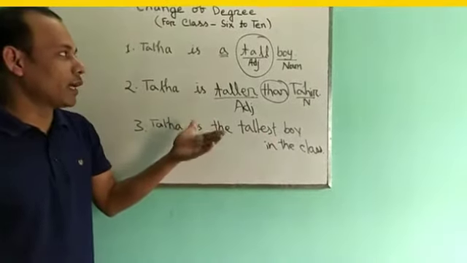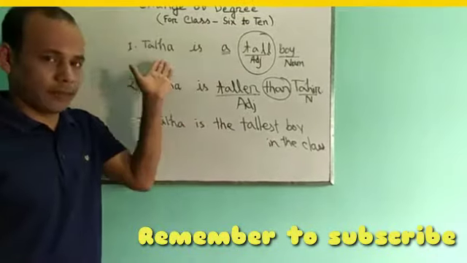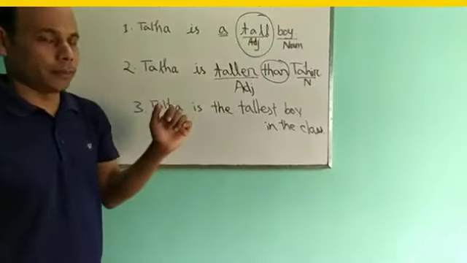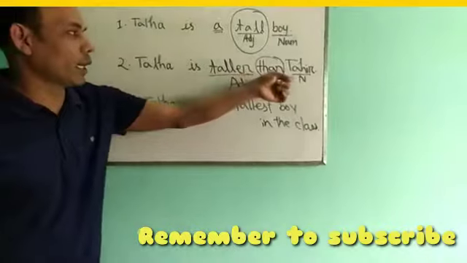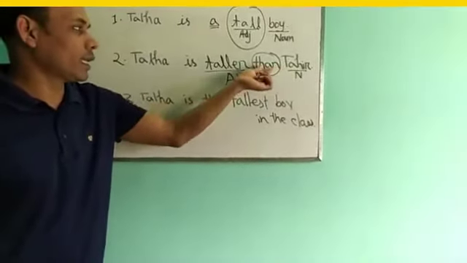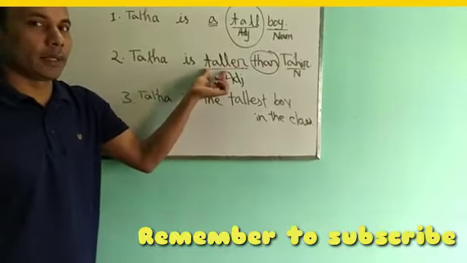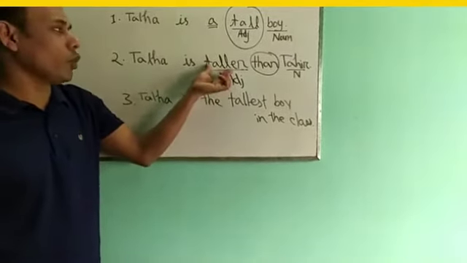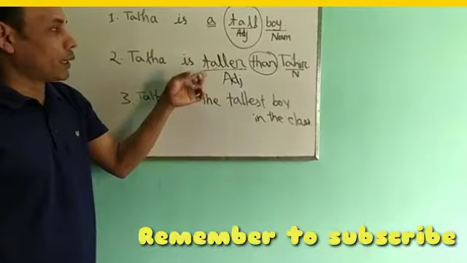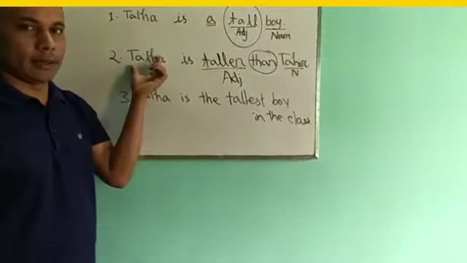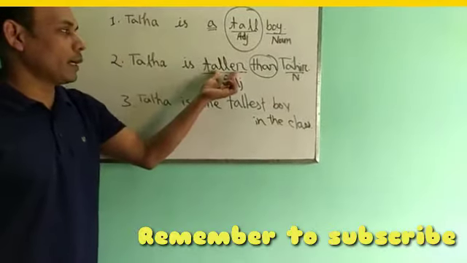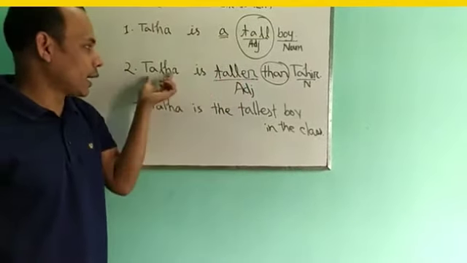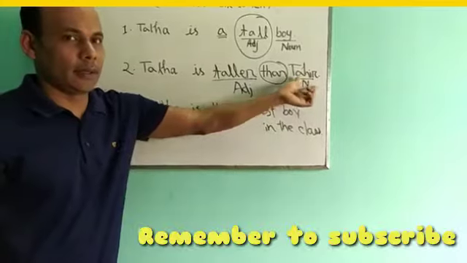If I say in Bangla, Talha is a tall boy: Talha ekjon lomba balok. Talha is taller than Tahir: Talha Tahir theke odiktoro lomba. Here I am comparing Talha to Tahir.